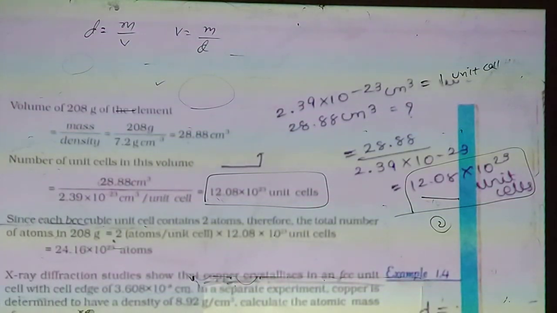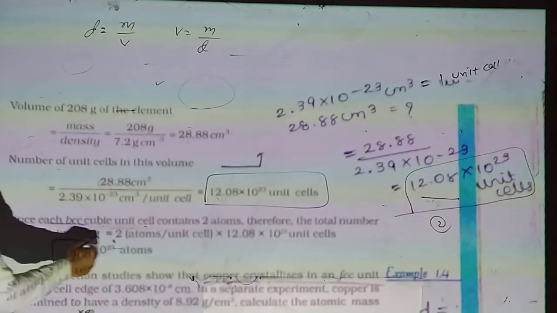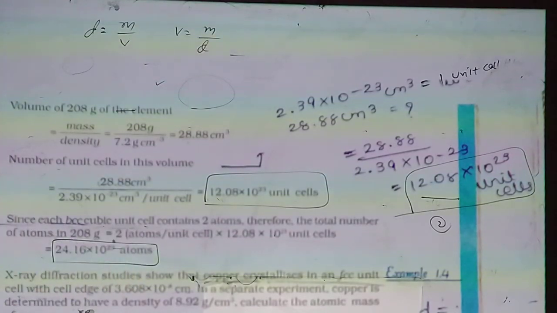So 12.08 into 10 raised to 23 unit cells, how many atoms? Understood? Each unit cell, which is BCC, contains 2 atoms. So 12.08 into 10 raised to 23 unit cells, how many atoms are present? 24.16 into 10 raised to 23 is our answer.